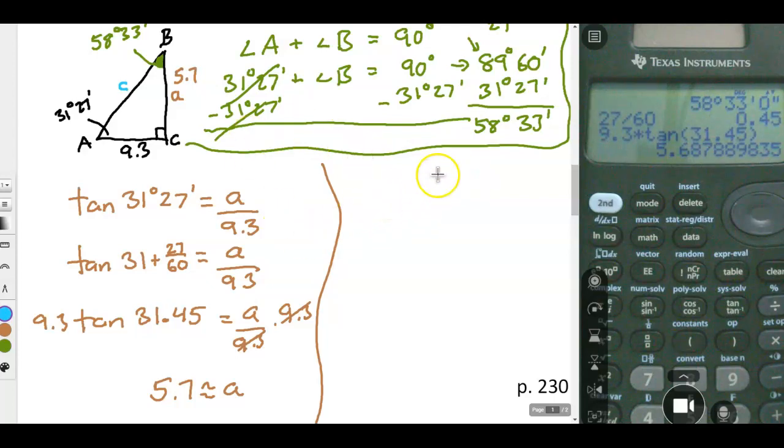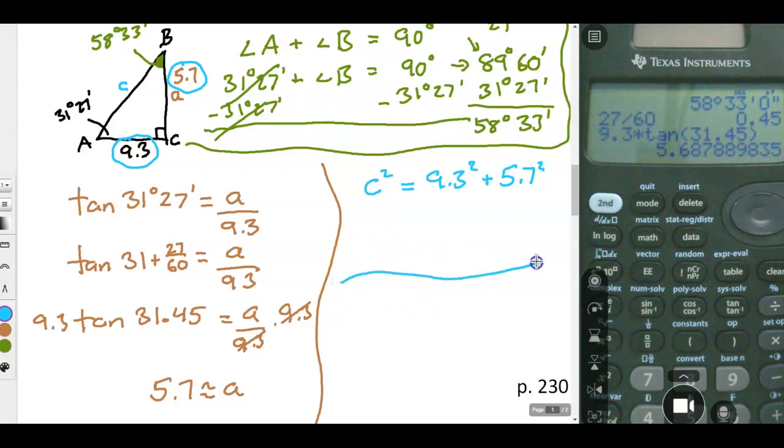So multiple correct ways. And now at this point, you have two legs of a right triangle. You could use Pythagorean theorem, right, and say, well, c squared is going to equal 9.3 squared plus 5.7 squared, and solve that.